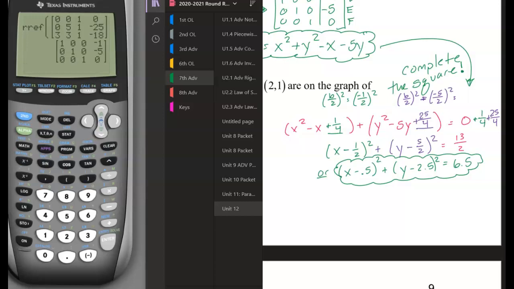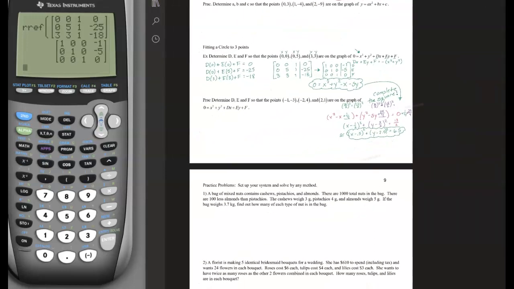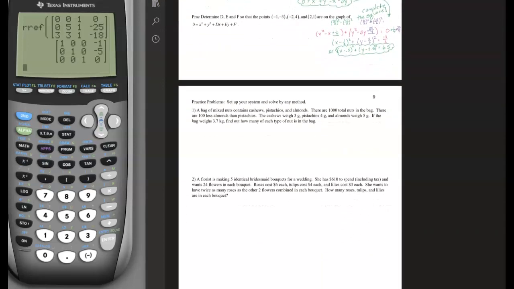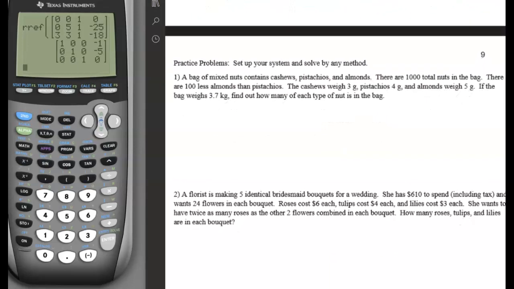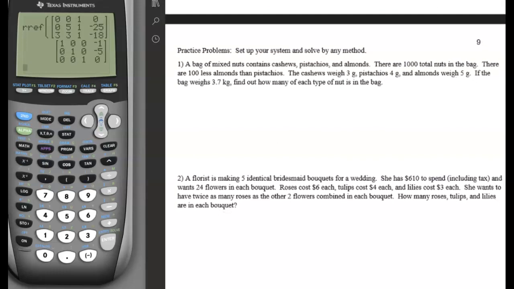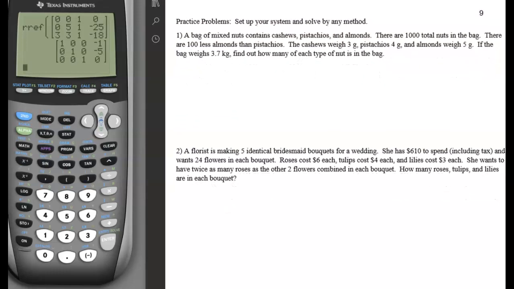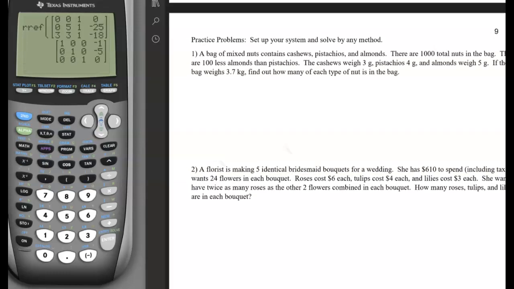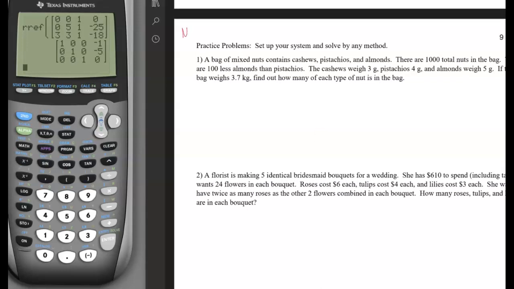What time is it? 2:26, 3:40. Okay. So I think what I'm going to do, because we did do these in Algebra 2, and I was kind of planning on doing these word problems and stuff next class with my class, I think I'm going to hold off on doing these till next class.